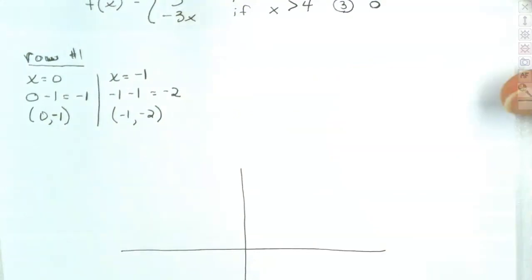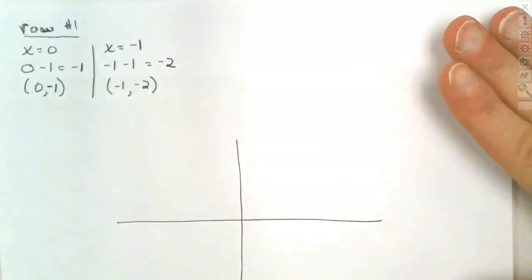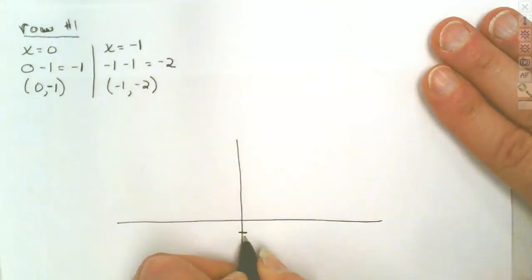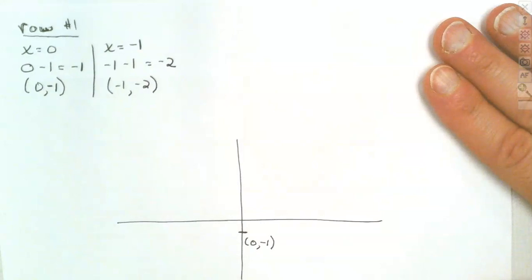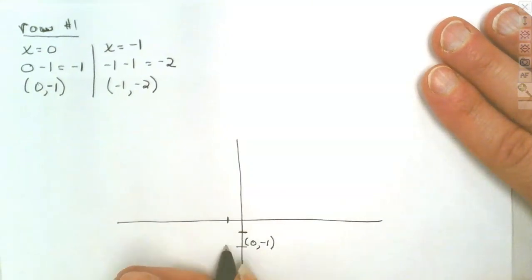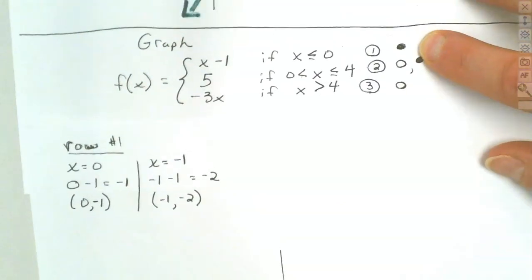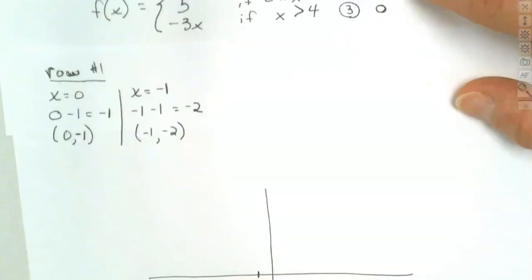So I'll make this graph a little bit bigger so we can see what we've got. So we plot our points. We've got 0, negative 1, which is here. Then we've got negative 1, negative 2. We connect them together, and what do we use? On our first part, we use a closed circle.